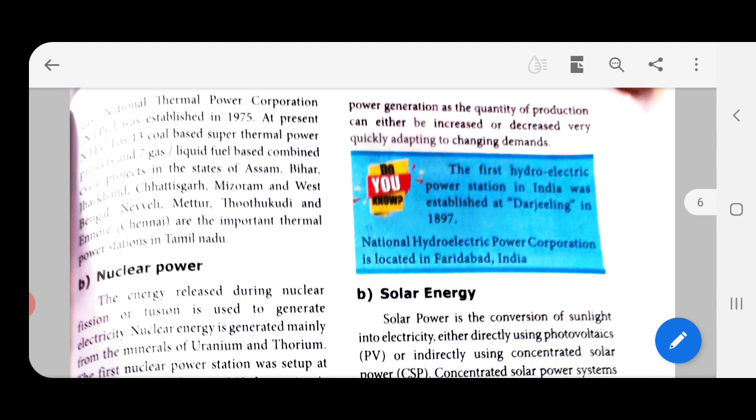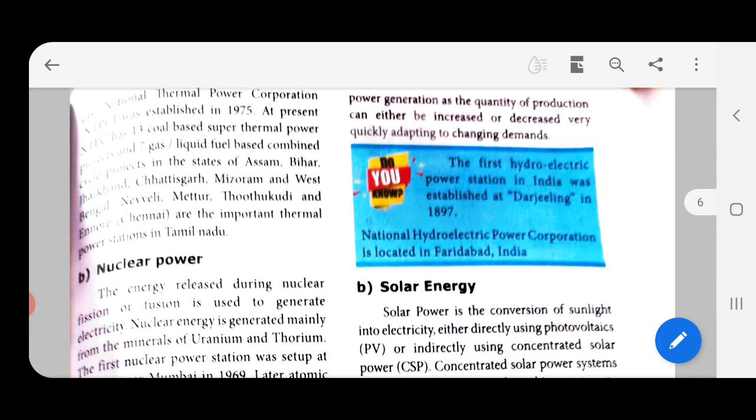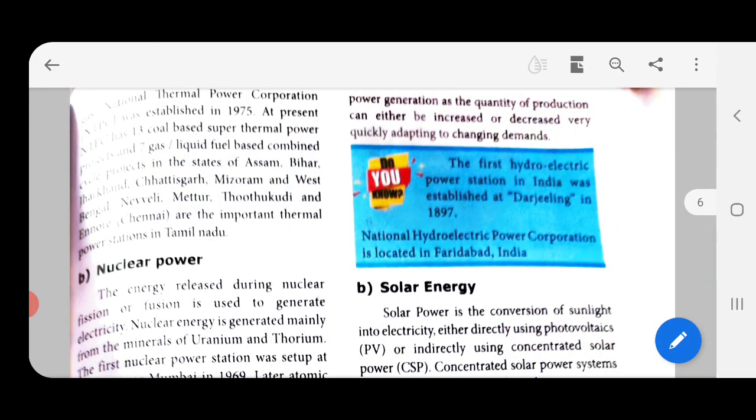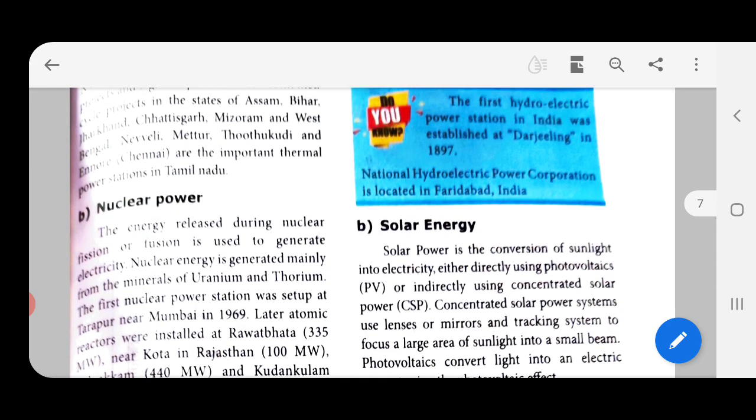Neyveli, Mettur, Thoothukudi and Ennore in Chennai are the most important thermal power stations in Tamil Nadu. So this is very important.